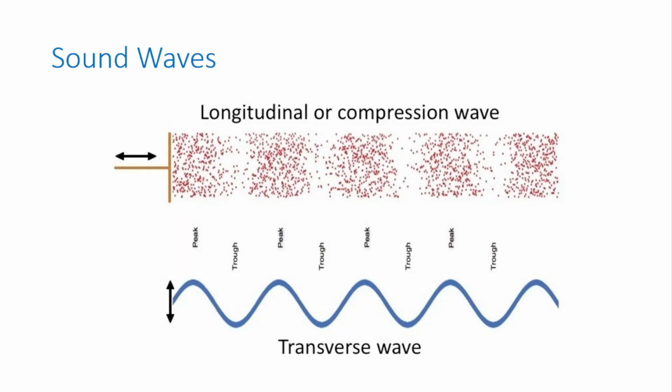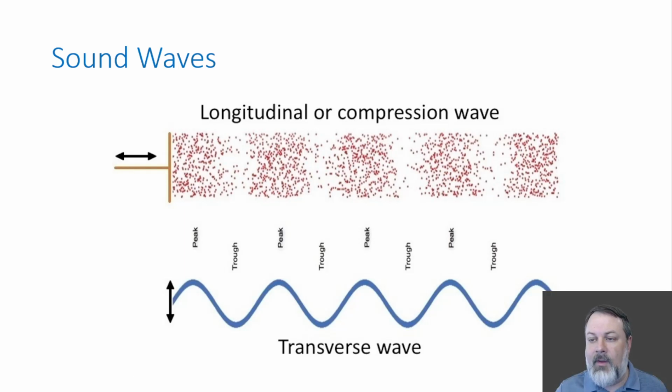So, what exactly are sound waves? Well, anything that makes noise causes a vibration of air molecules. And what you will have is parts of the air where the molecules are more densely packed together and parts where they are more spread out.